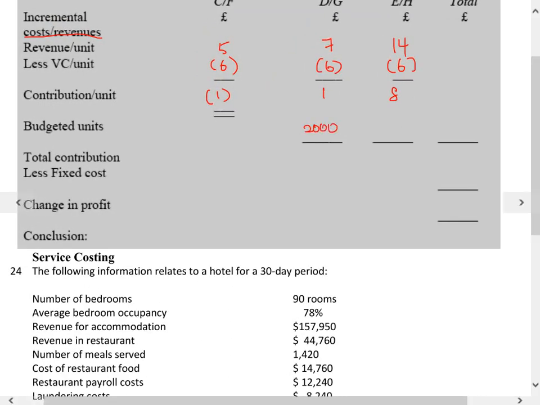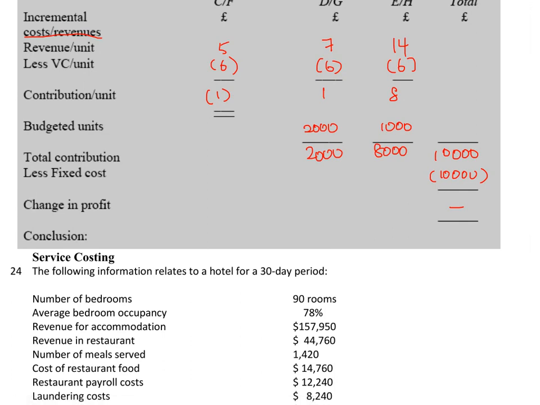And this one will be 1. So total contribution is 2 and 8. Fixed cost is 10, change in profit nil.